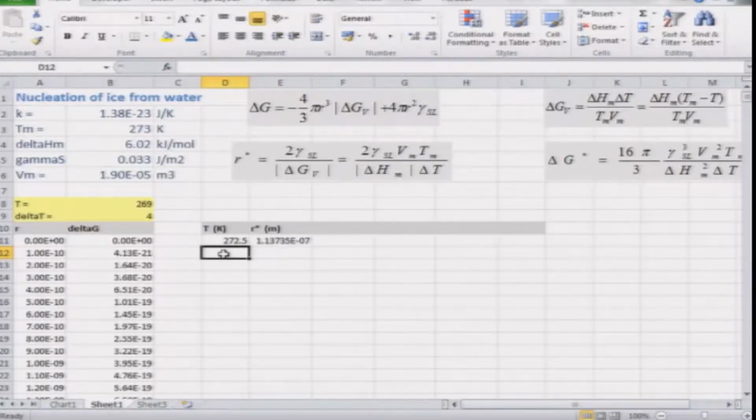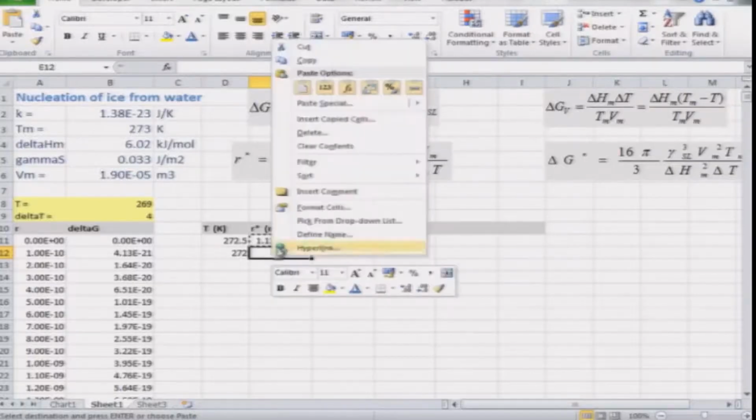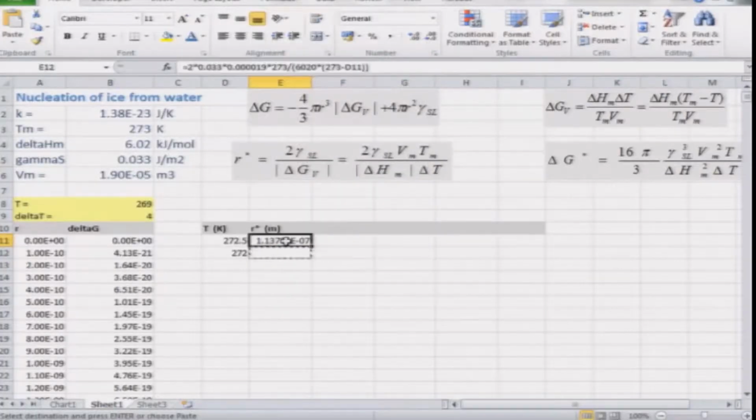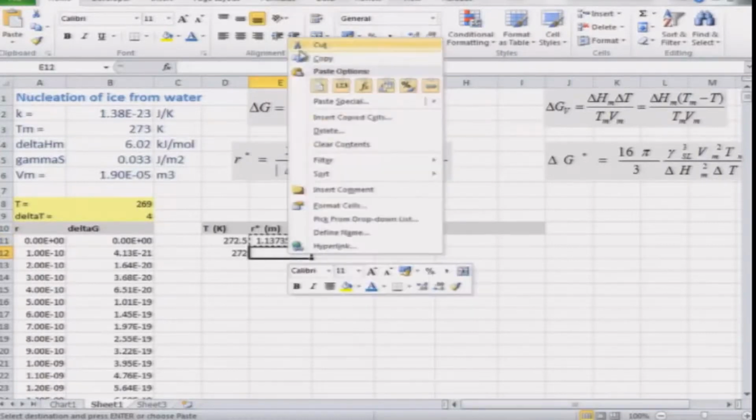Now, what I will do is I will start to increase the undercooling, in intervals of 0.5 degrees. So, 272.5 minus 0.5, this becomes 272. Copy this formula and paste it here.